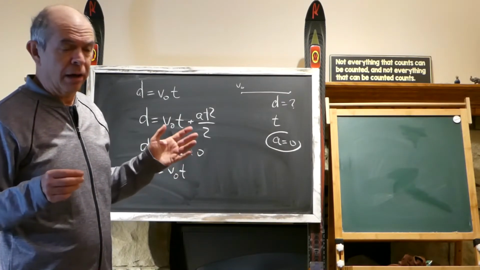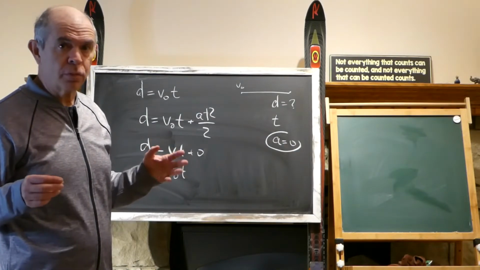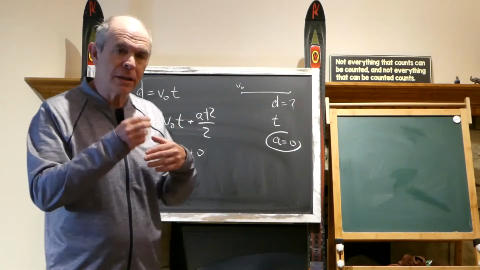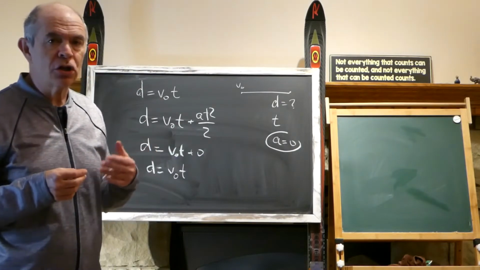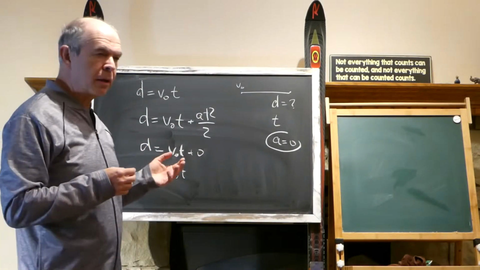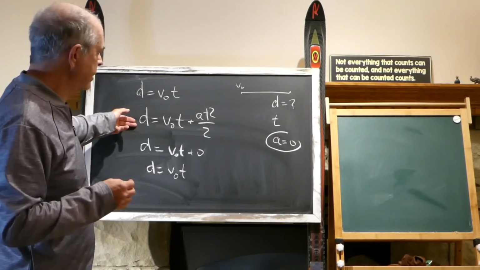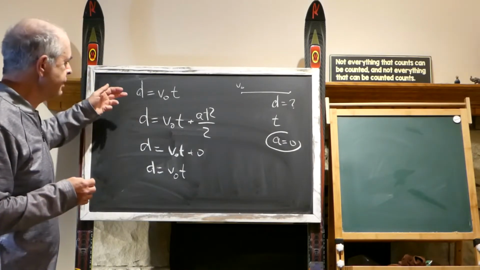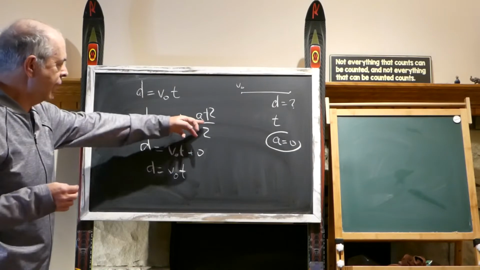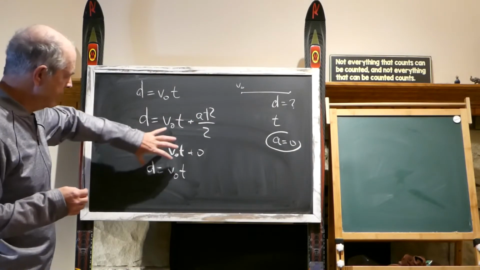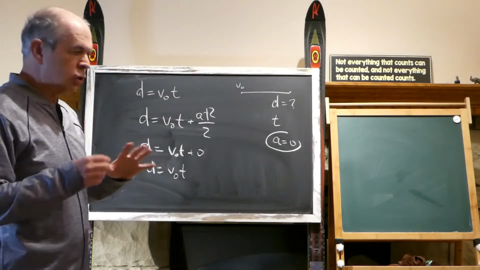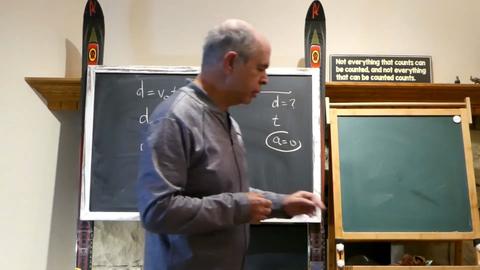And so everything that we talked about should be valid. All our concept of formulas for acceleration should be all good. So of course this formula is valid, and that means a equals 0, and this formula becomes this. So no contradiction, it's very good.